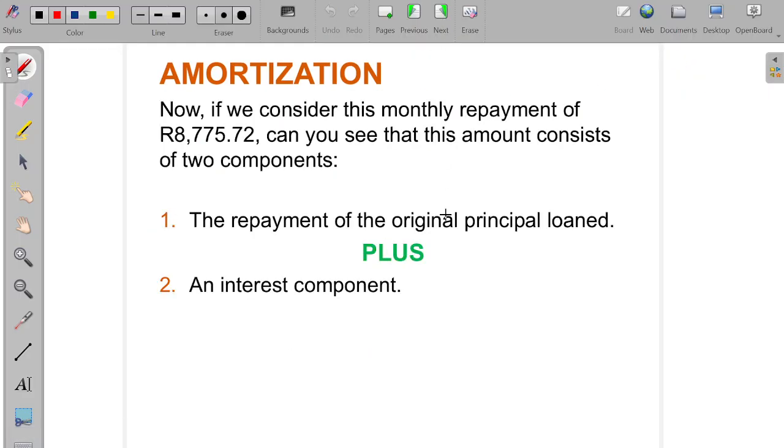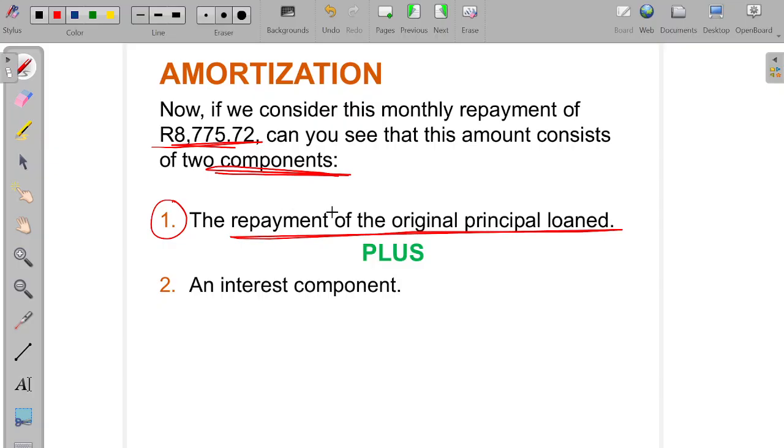Now, take note of this. The money we are paying monthly consists of two components, which you will see clearly later. Number one, it contains the repayment of the original principal loan.